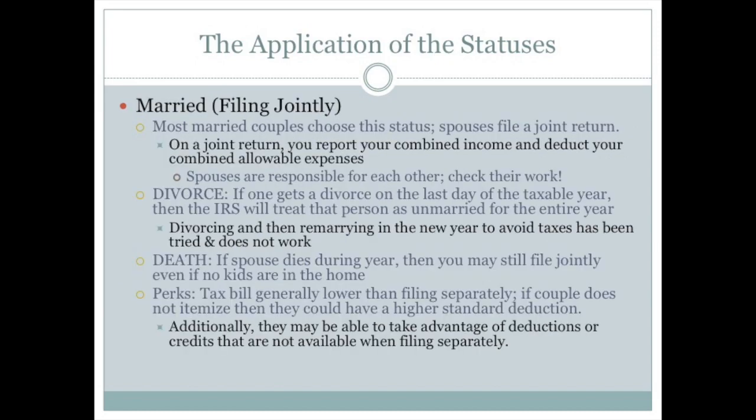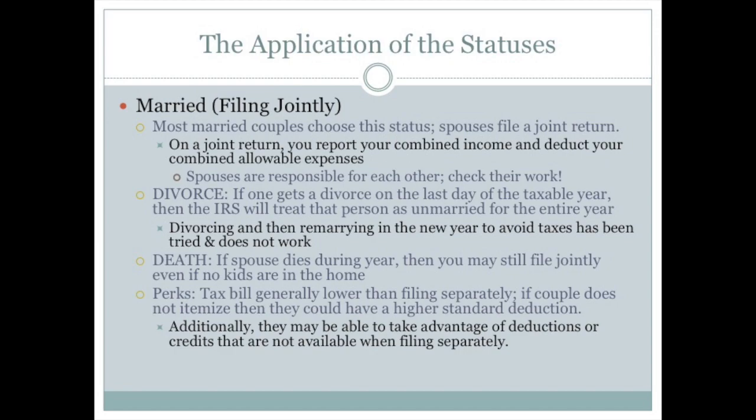The married filing jointly status is the status most married couples choose. With this status, spouses file a joint return. In this joint return, the spouses report their combined income and deduct their combined allowable expenses. Spouses are responsible for each other's omissions in these returns, so it is imperative that they check each other's work.